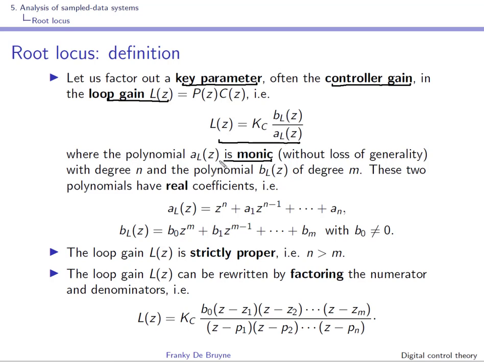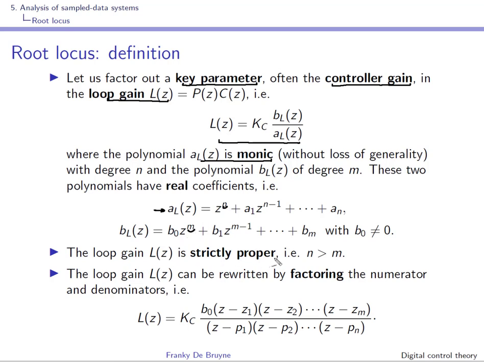Without loss of generality, you can take this one monic. If you have a parameter over here that is not 1, assuming that it's non-zero, of course, you can divide by this parameter to make sure that this one becomes monic, right? This one has degree n, this one has degree m.